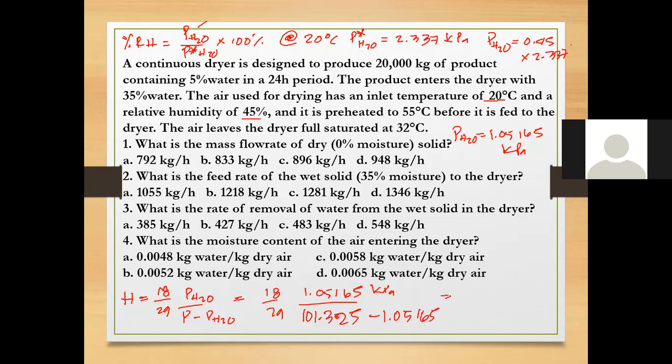What letter? If we run out of time, we'll move in 3 minutes. I will share another Zoom link. 1.05165 divided by 101.325 minus 1.05165. So what letter is the answer?